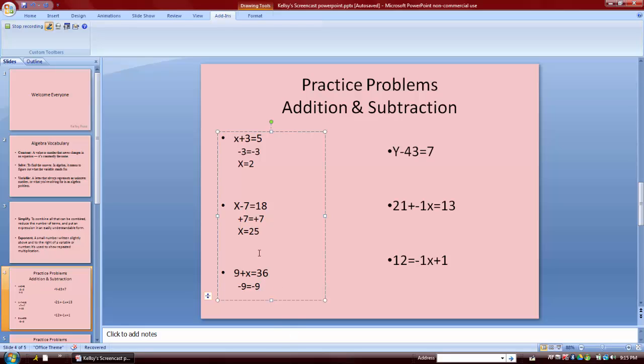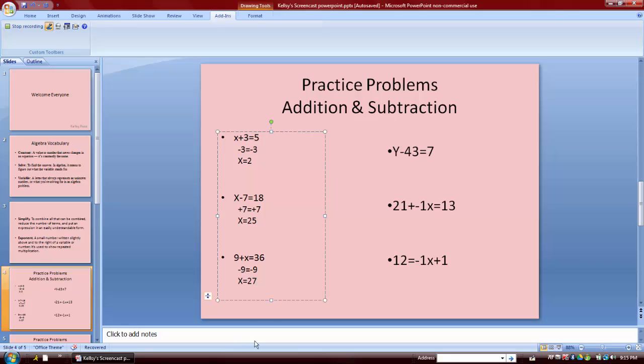And then that 9 and that 9 would cancel out because it's a positive minus a 9, so that would be 0. And then 36 minus 9 would give you your answer, which is x equals 27.